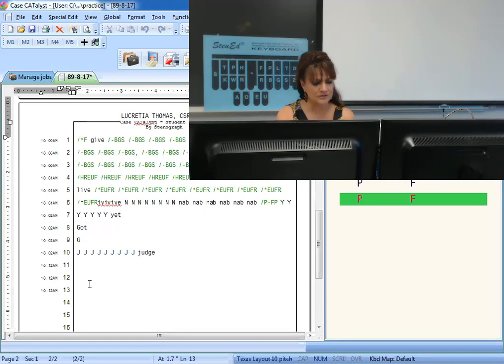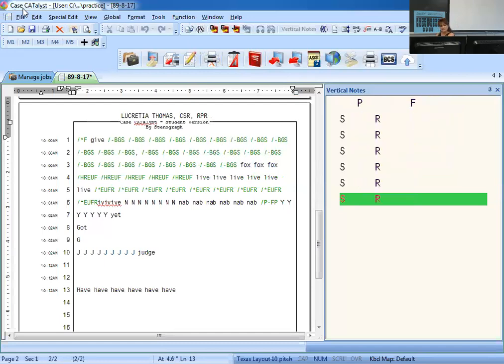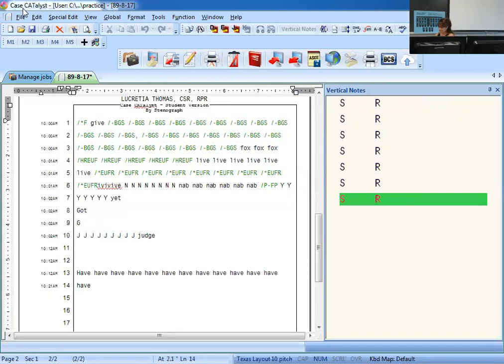What I'm going to do now is start with some phrases that you all have learned. Remember, have is SR. If you put your fingers like this, that looks like a V, if that helps. So have is SR. Have the, SRT. Very important that you memorize these.